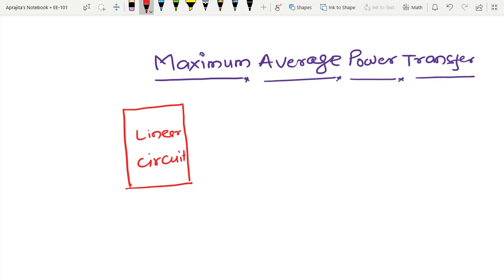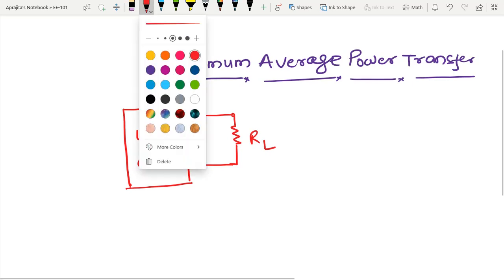After that I have a load as a resistor here, RL.